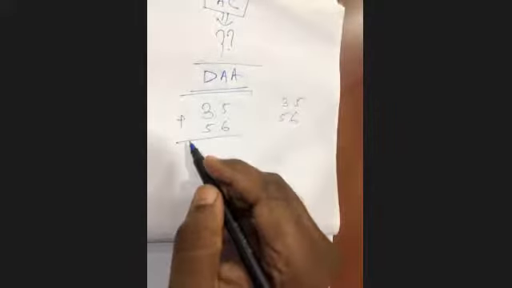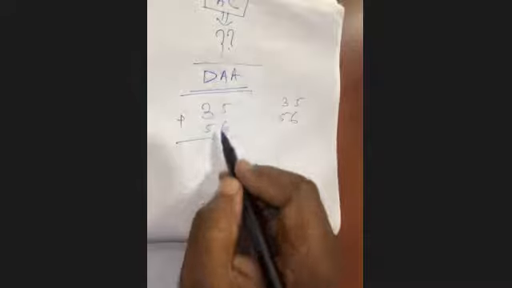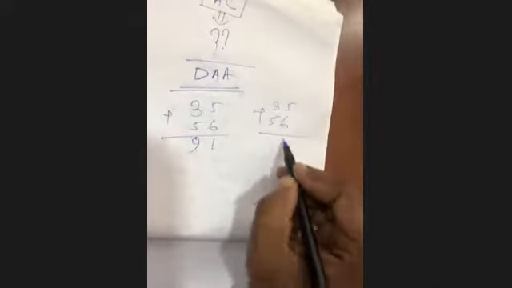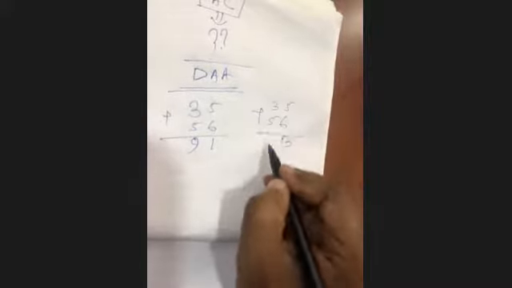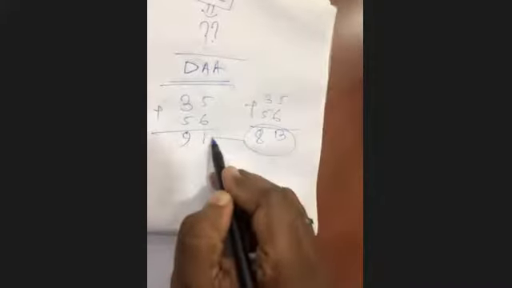According to decimal, 91. 5 plus 6 is 11. According to hexadecimal, 5 plus 6, 11 means B, so the result is 8B. So how will 8B be converted into 91?